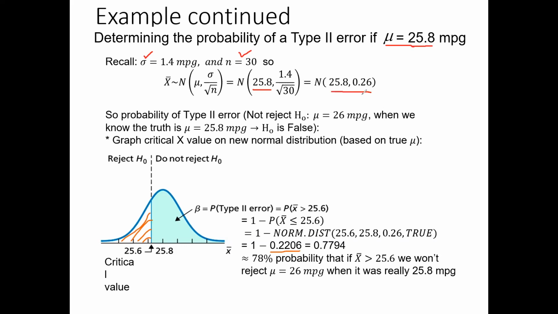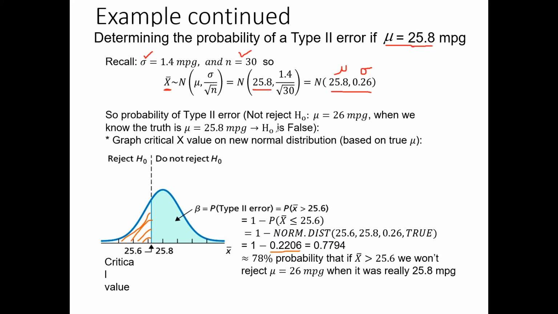So these are our parameters for mu and sigma for the normal distribution of the sample mean in this case. So the probability of a type 2 error means we're going to make a mistake, and not reject that the mean is 26 when we know that the truth is that it's 25.8.